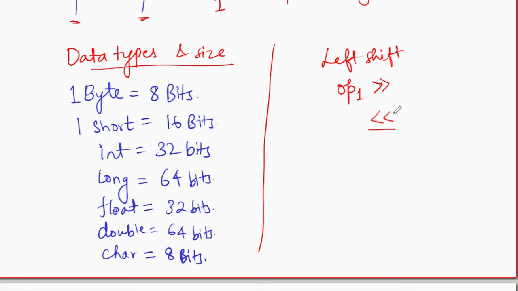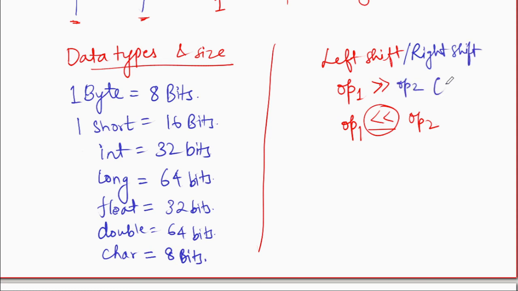So this is the left shift, where operand 1 is left shifted by operand 2, and this is right shift. See the direction of the arrow.